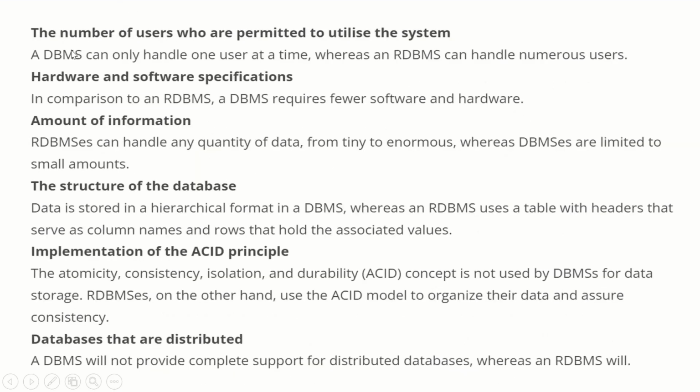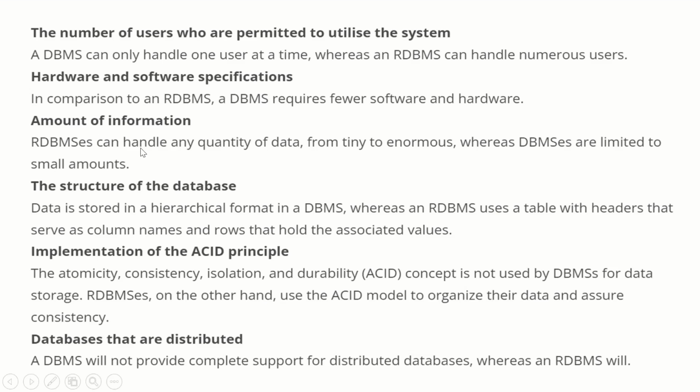First, the number of users who are permitted to utilize the system. A DBMS can only handle one user at a time, whereas an RDBMS can handle numerous users. Hardware and software specifications: in comparison to an RDBMS, a DBMS requires less software and hardware.